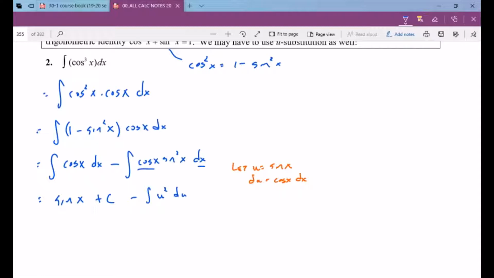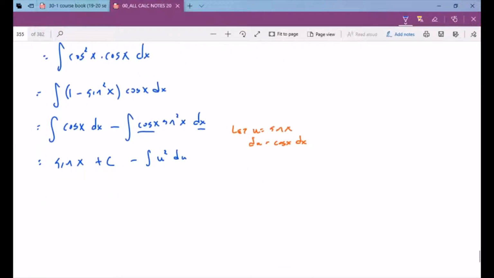Du is the cos x, times the sine squared x there. And so we're almost there. This ends up being equal to sine cubed x over 3 plus c. And then we do our substitution back here, and we end up with sine x minus sine cubed x over 3.